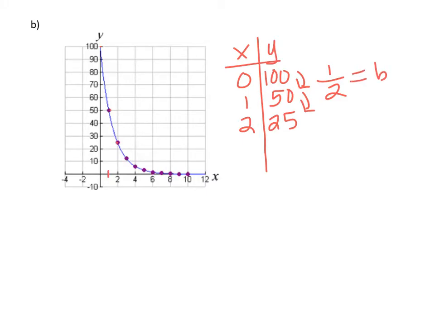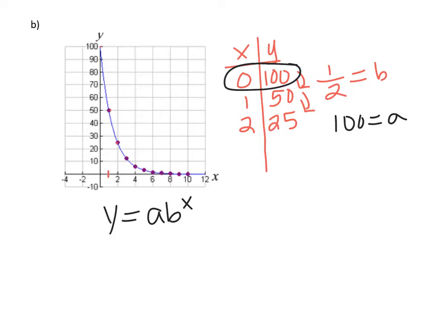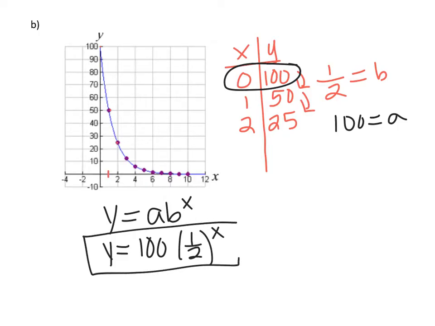In this instance, we are given an initial value, so I know my a value is 100. Y equals ab to the x. Y equals 100 times 1/2 to the x. Go ahead and do A.